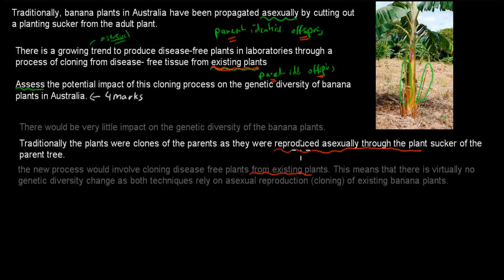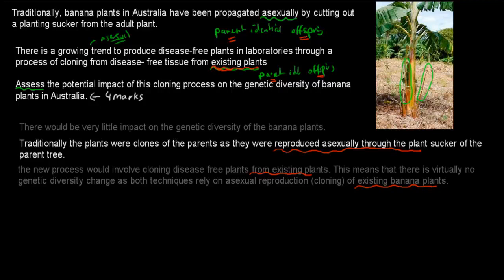This means that there's virtually no genetic diversity change, as both techniques rely on asexual reproduction of existing banana plants. So they both use more or less the same original tree, and they both have the cloning technique. One is using it in the laboratory, the other one is using the shoots, which is still a form of cloning.